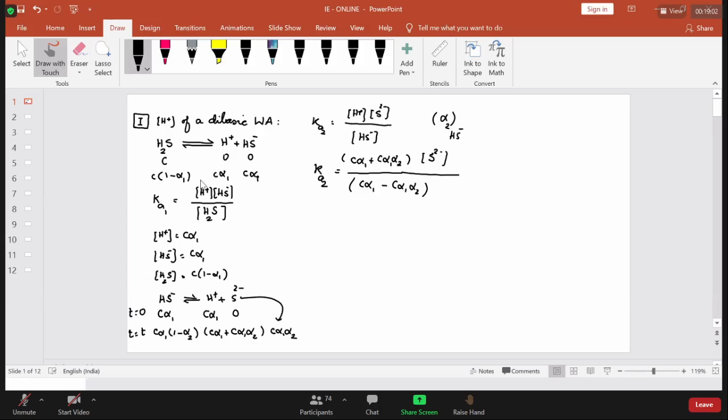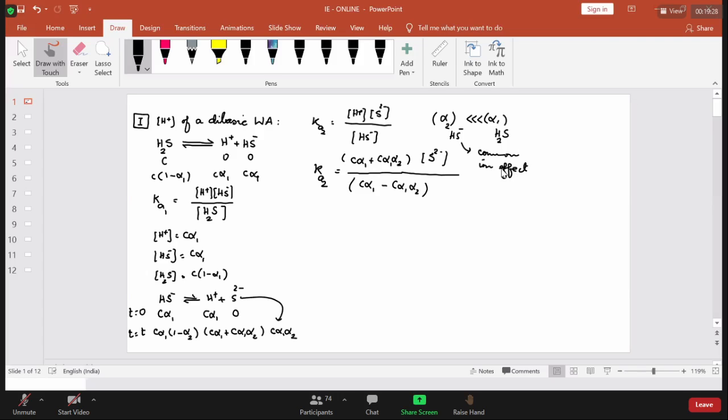Therefore, alpha 2 is the degree of dissociation of a weak acid in presence of a stronger acid. Hence, alpha 2 is negligible as compared to alpha 1 of H2S because of common ion effect. This is the point we have to understand.